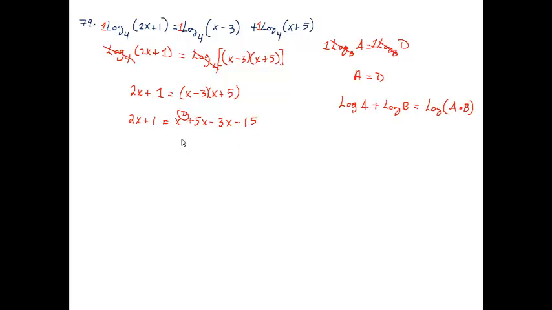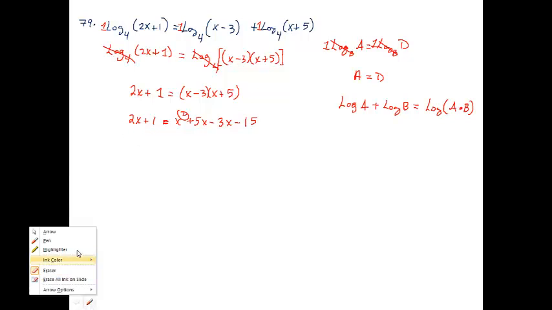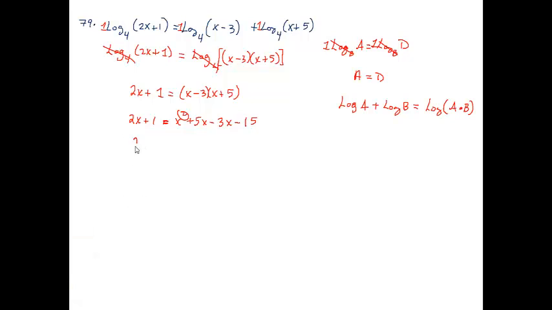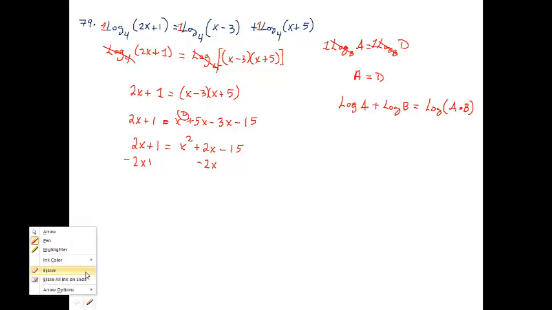This is a quadratic, and with quadratics we move everything to one side. Now before I do that, I'm about to make the same mistake I did in class. Let me combine my like terms. So I have 2x plus 1 equals x squared plus 2x minus 15. Now subtract 2x on both sides and subtract 1 on both sides.